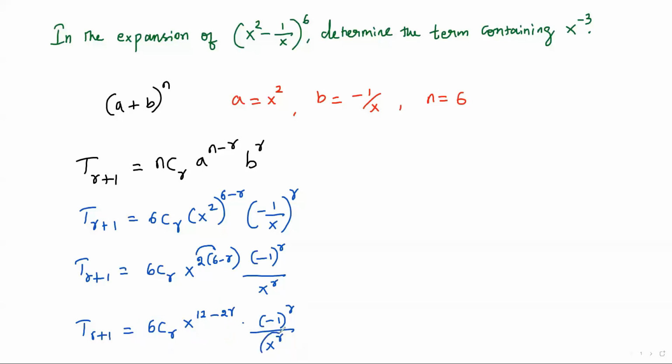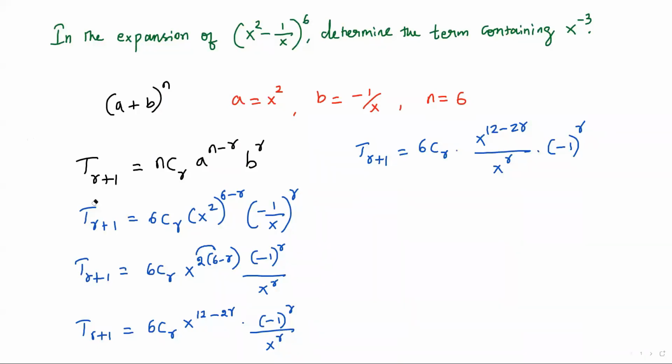This time I'm going to take x to the rth power as the denominator for this one, so it will be easier to simplify. So T(r+1) is equal to 6Cr times x to the power of 12 minus 2r over x to the power of r times negative 1 to the power of r.